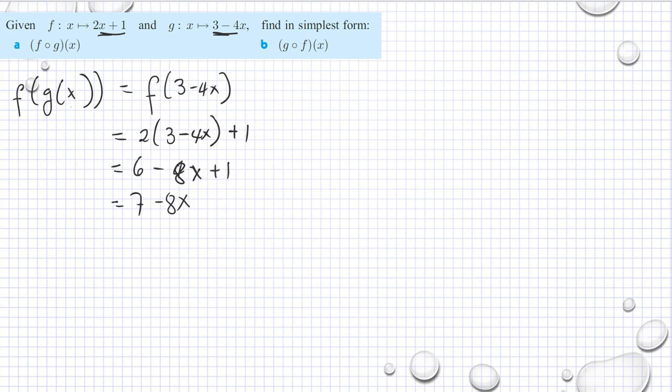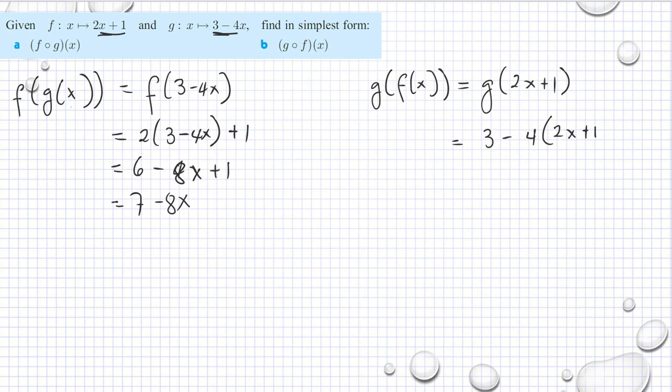That's a composite function. For b, g of f of x is equal to g of 2x plus 1, and our g of x is 3 minus 4 times 2x plus 1.